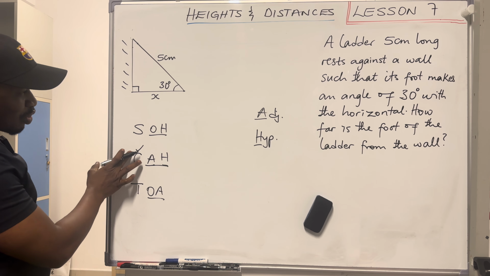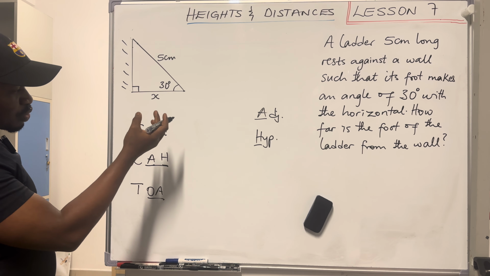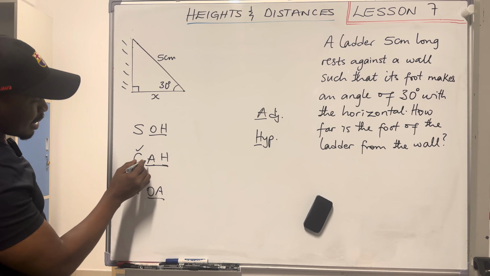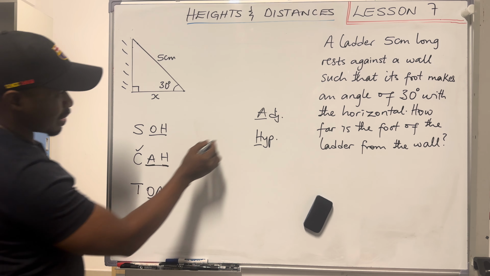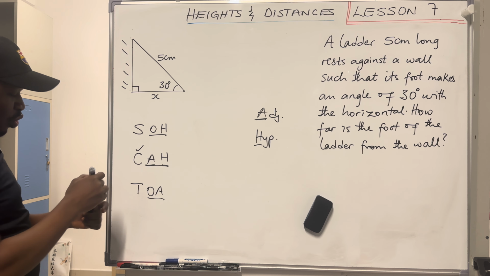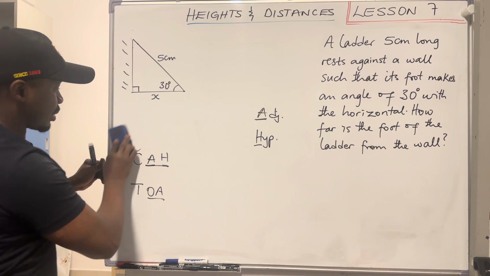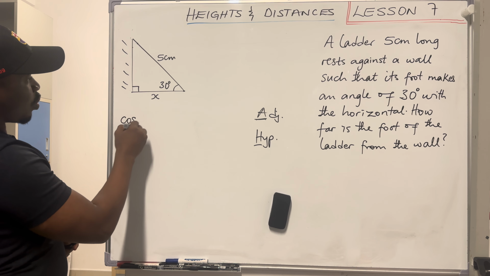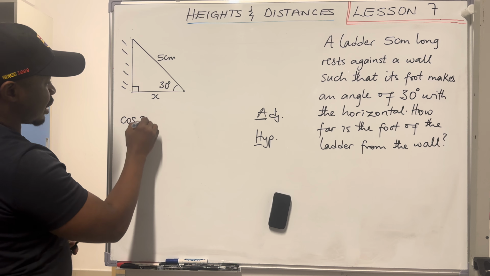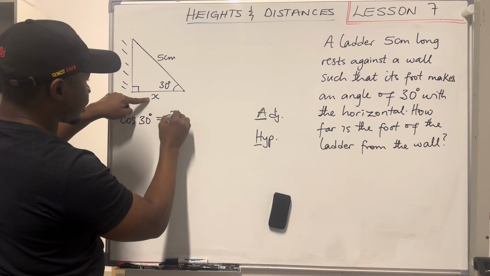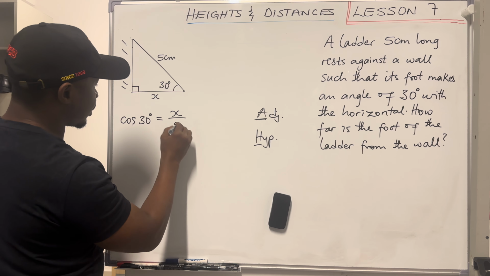We are using cosine because what we have from what we've gathered is adjacent and hypotenuse. So we use cosine. Therefore we say cos 30 degrees is equal to adjacent over the hypotenuse, which is 5.